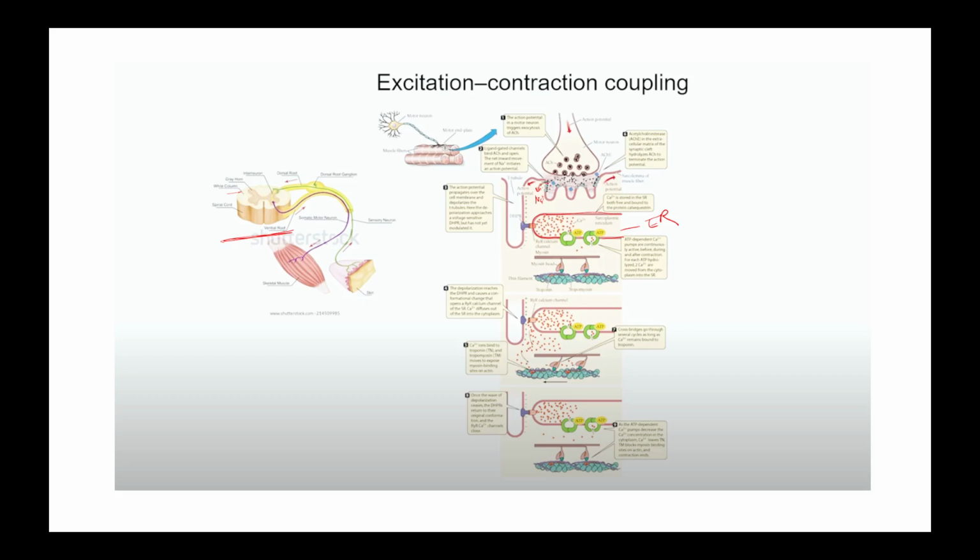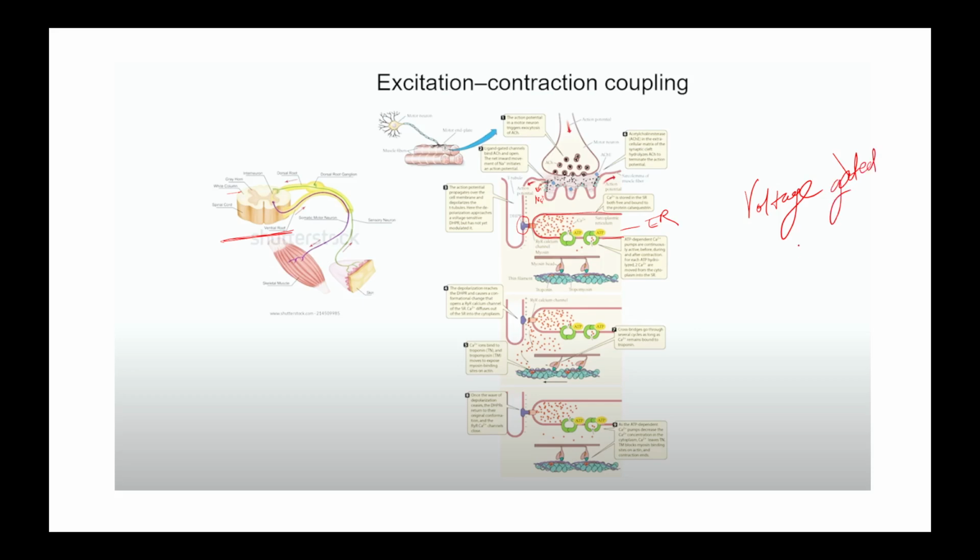Sodium enters and creates the positive charge on the plasma membrane of the skeletal muscle, and then deep in the T tubule we have a channel, which is a voltage gated calcium channel.